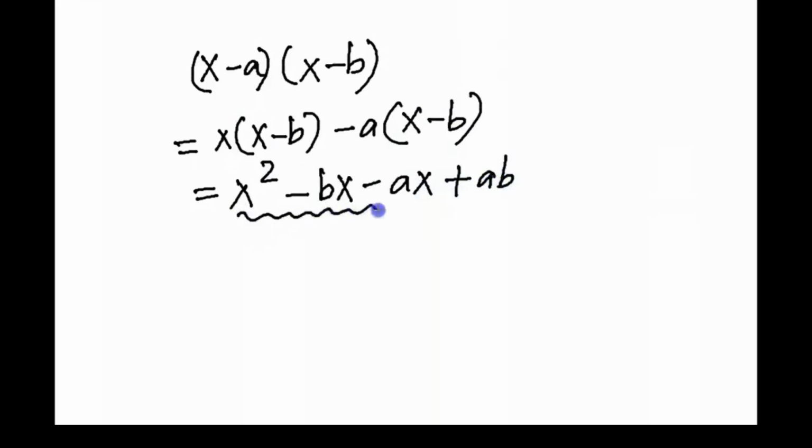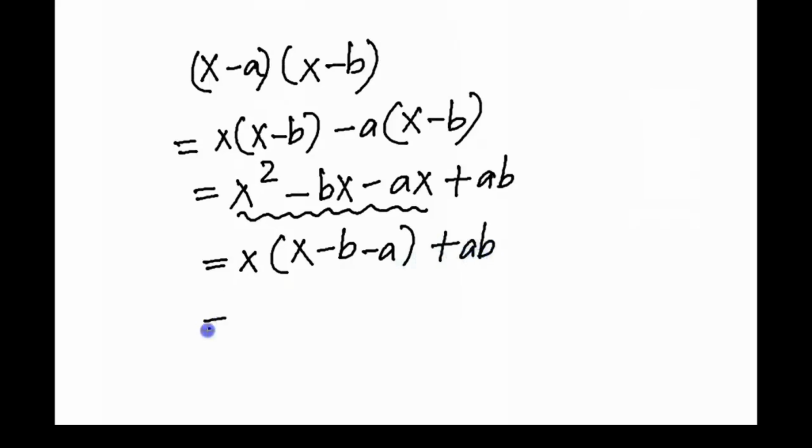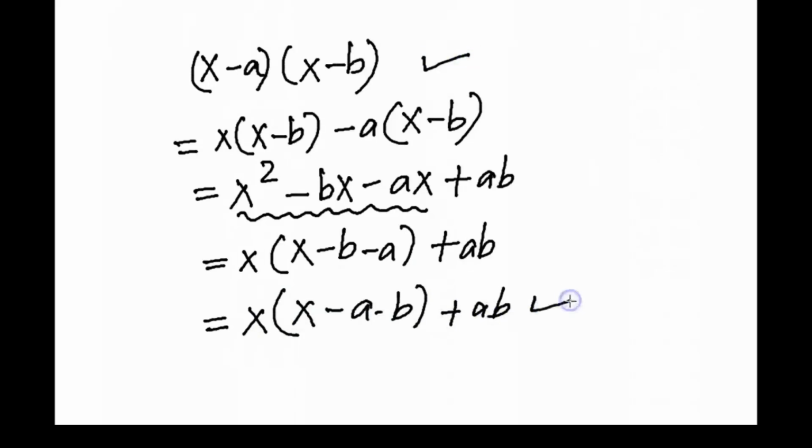So taking X common from the first 3 terms, what we get is X(X+A+B)+AB, or as well, I can write X whole into (X+A+B) plus AB. So this is just to tell you how we reached here.